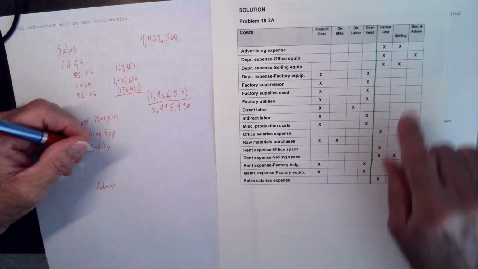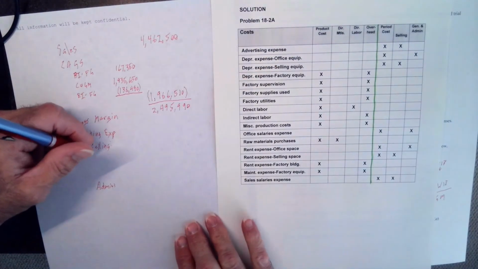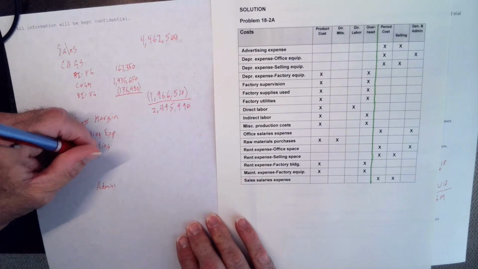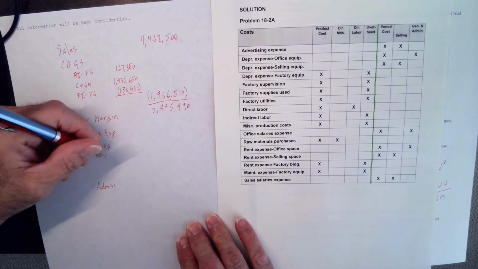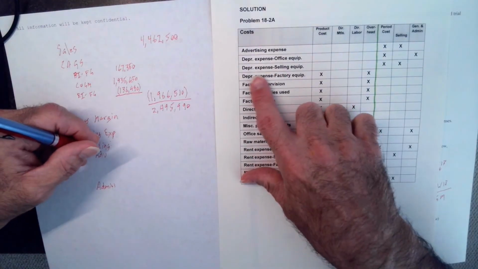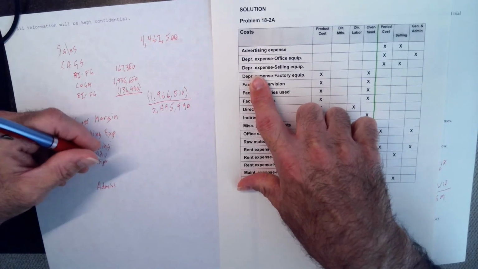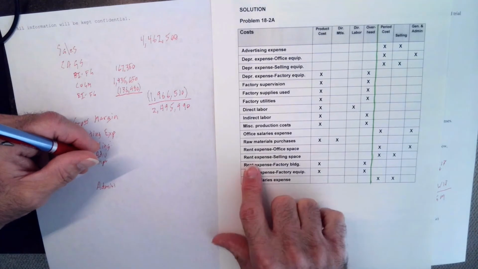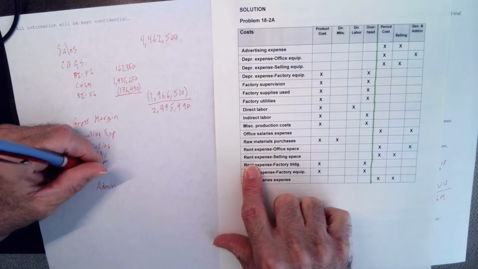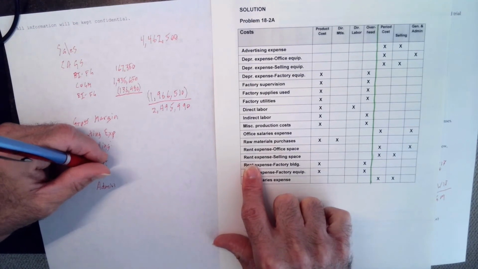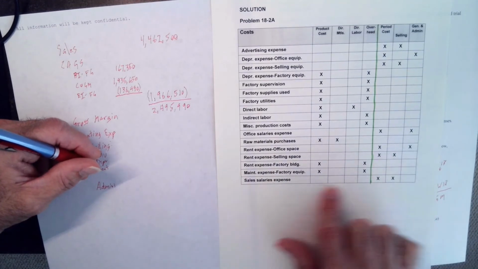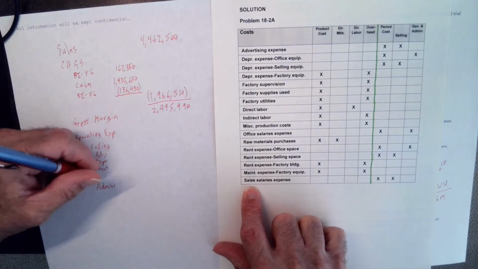So my selling, I had advertising, I have depreciation, I have rent, and I have sales salaries.